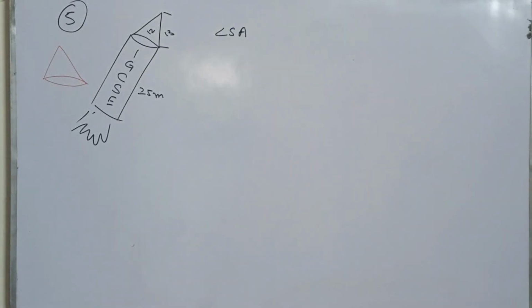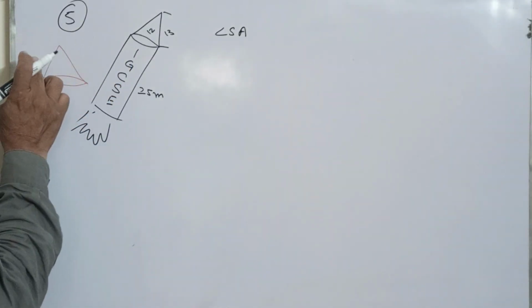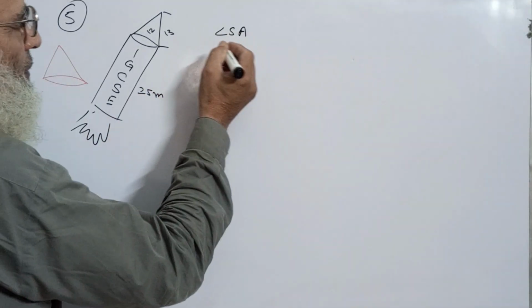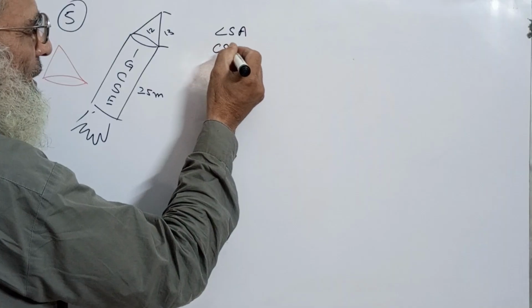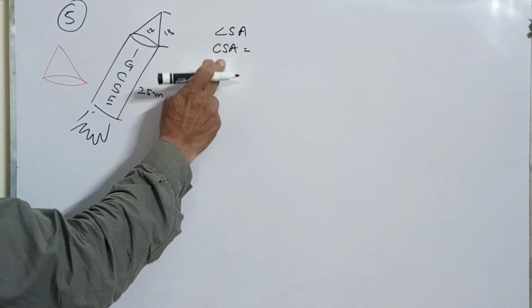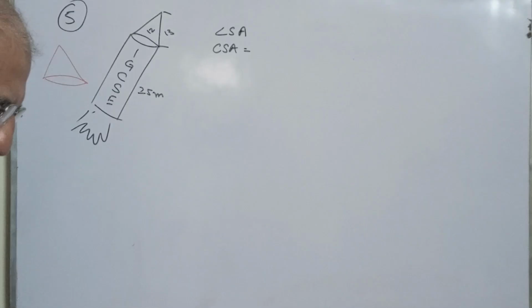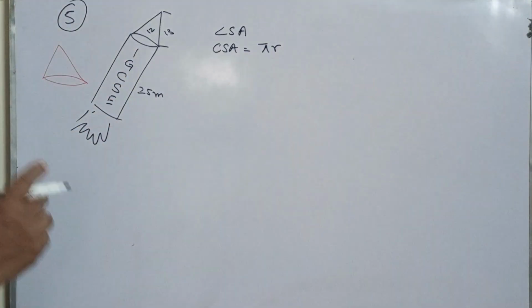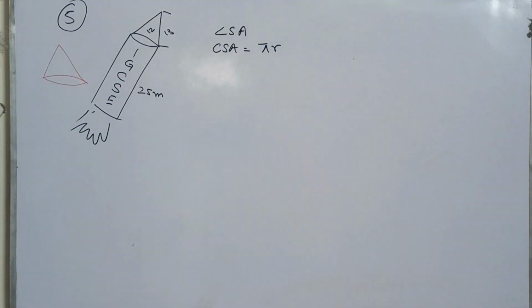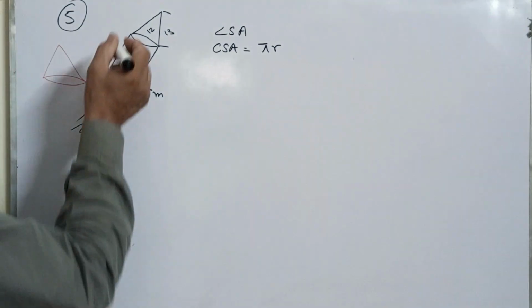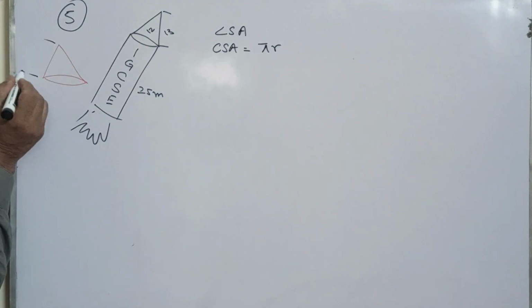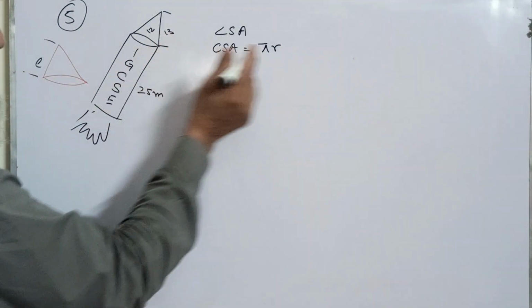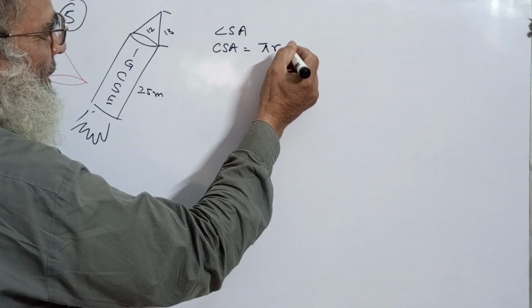The curved surface area of the cone is pi r L. L is the slant height, which is given to us, and it is 13. So I will write 13 over here.